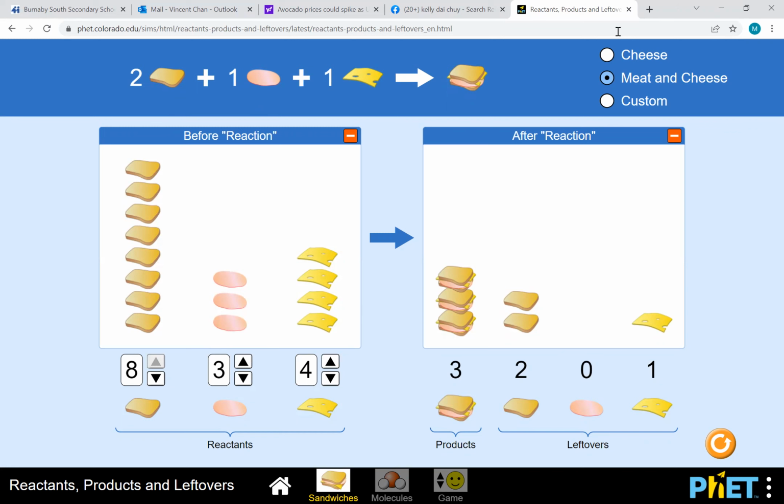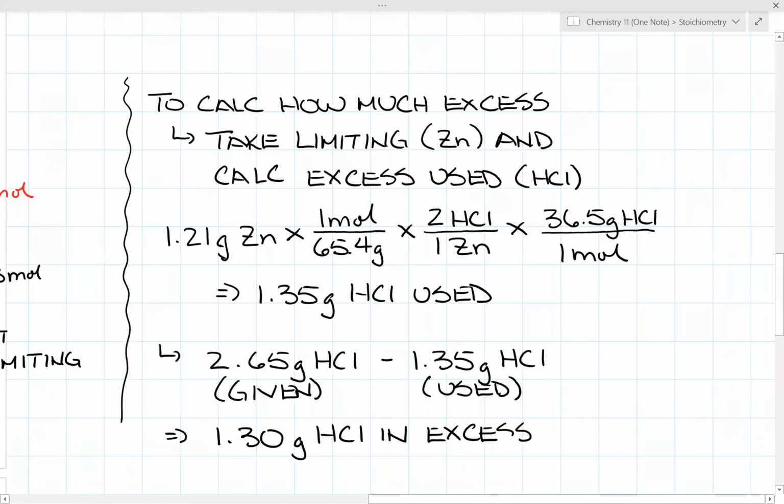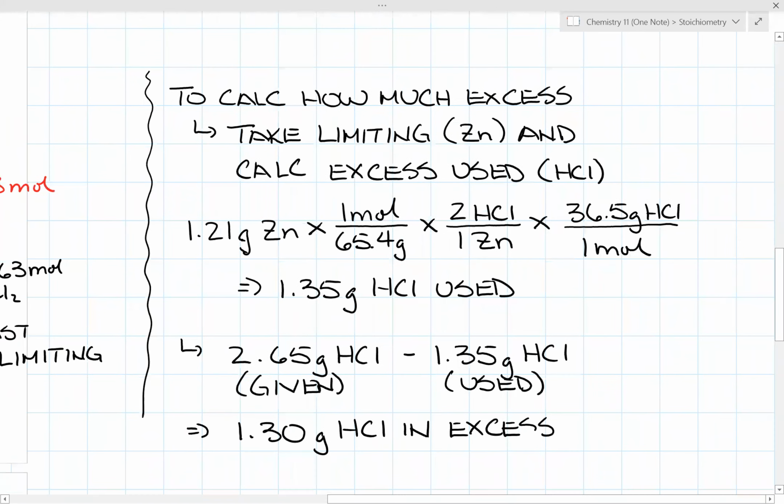We did the exact same thing here. We took the amount of zinc, which is my limiting reactant, calculated how much hydrochloric acid would be used up, and then subtracted that. Okay? So that is how you would work with the limiting factor.